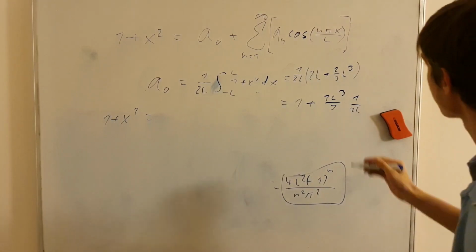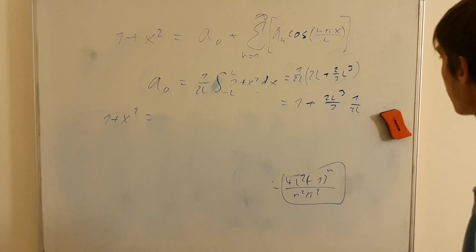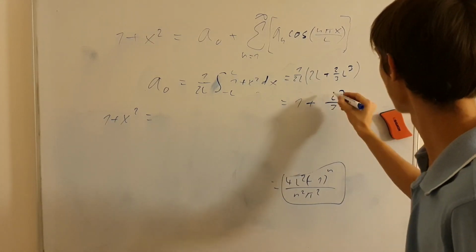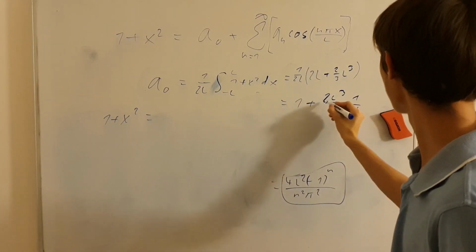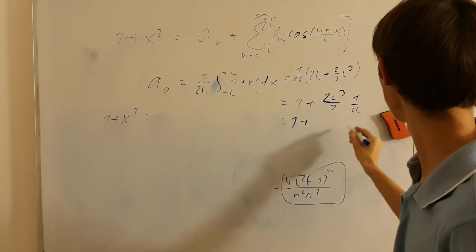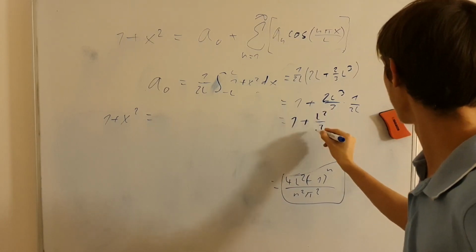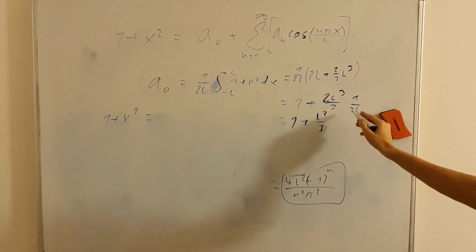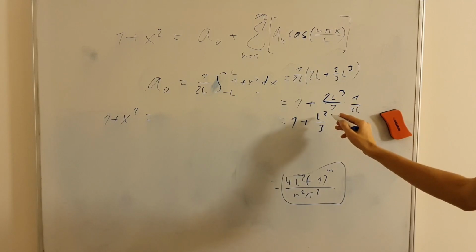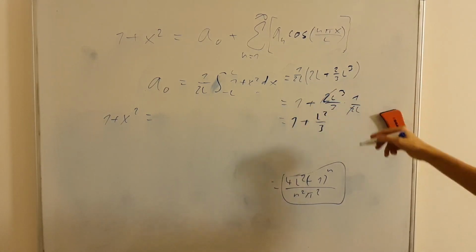Well, what is that? It is 1 plus L to the second over 3, since the 2 cancels out.